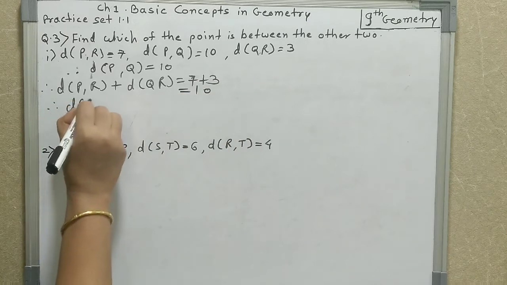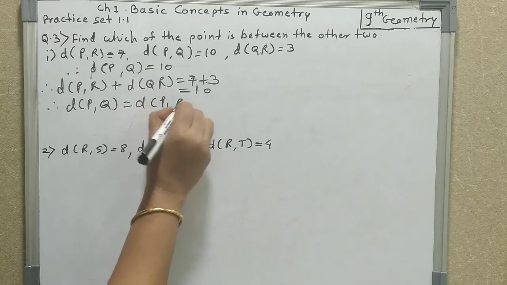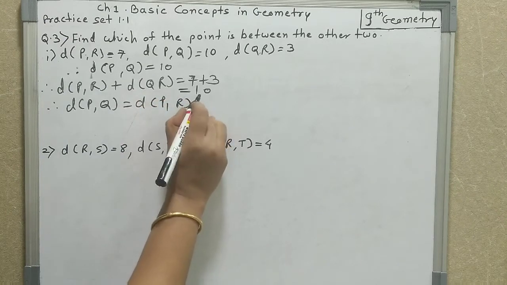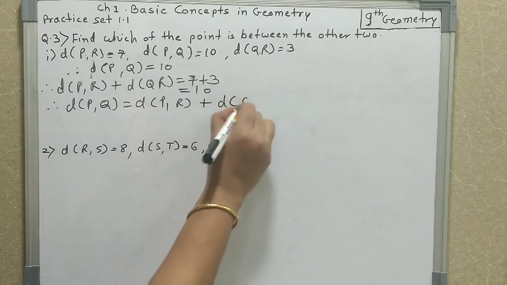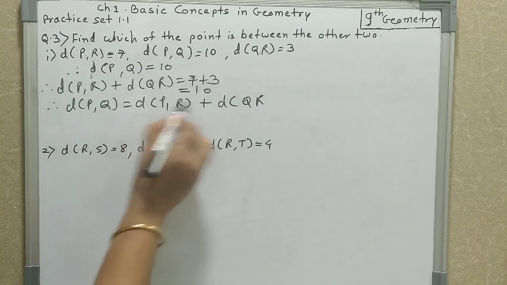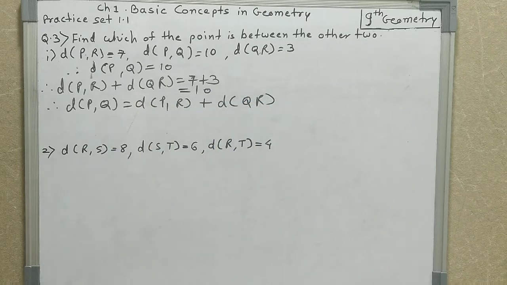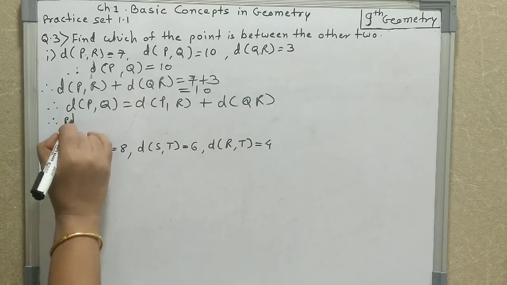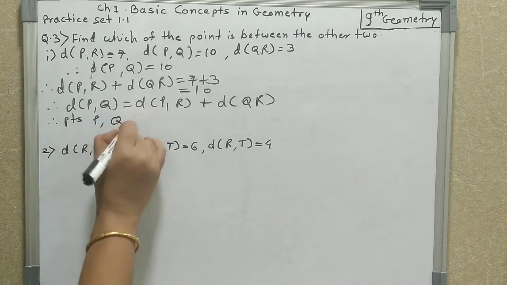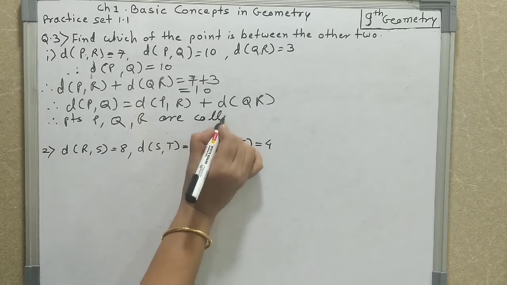Therefore, distance PQ is equal to distance PR plus distance QR. So 10 is equal to 10. Therefore, points P, Q, R are collinear.